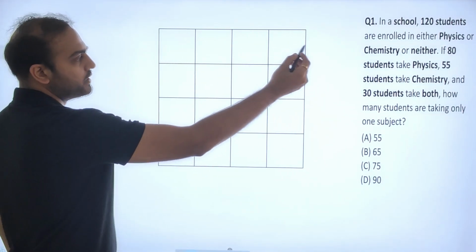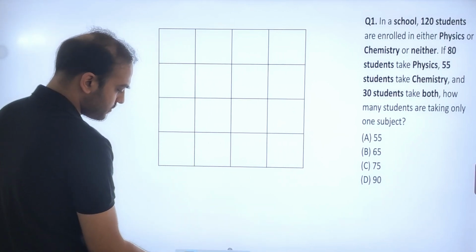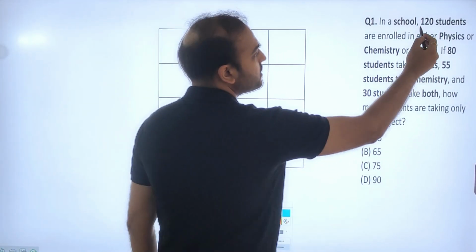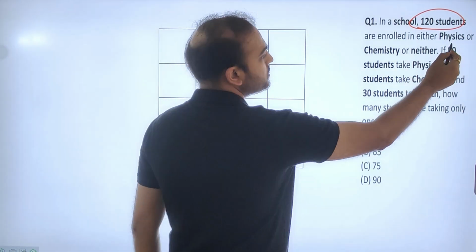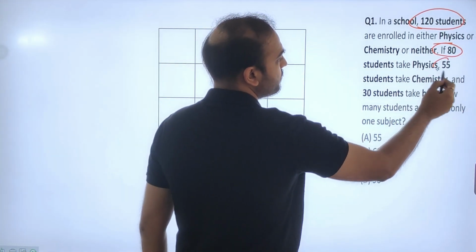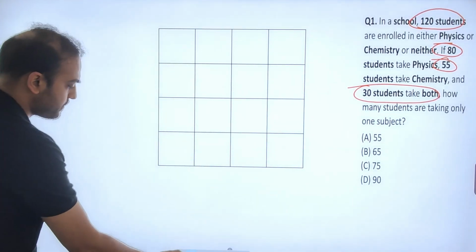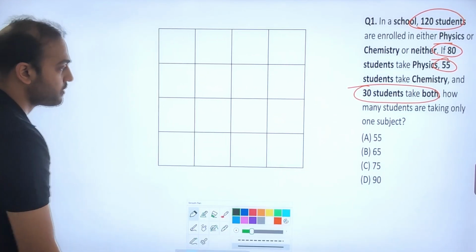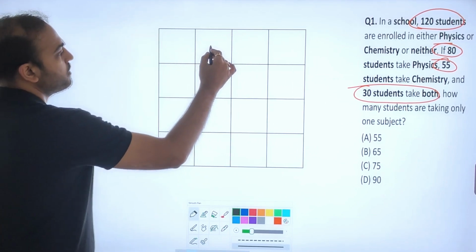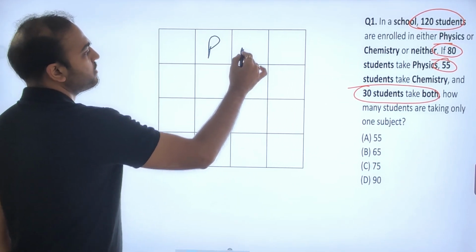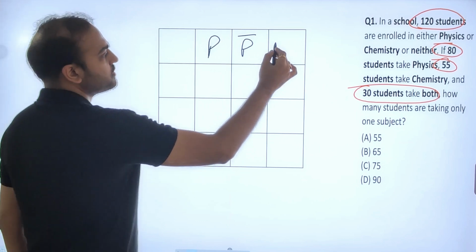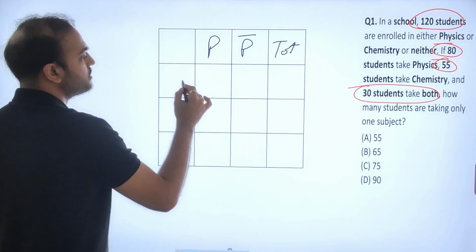I have the same variables and values: 120 students, 80 physics, 55 chemistry, 30 both. So I will write people who study physics, do not study physics, total.